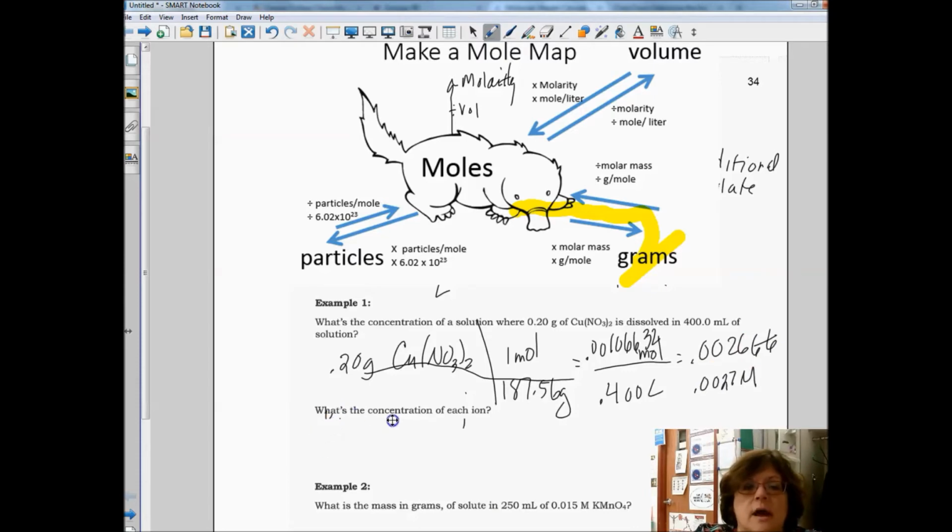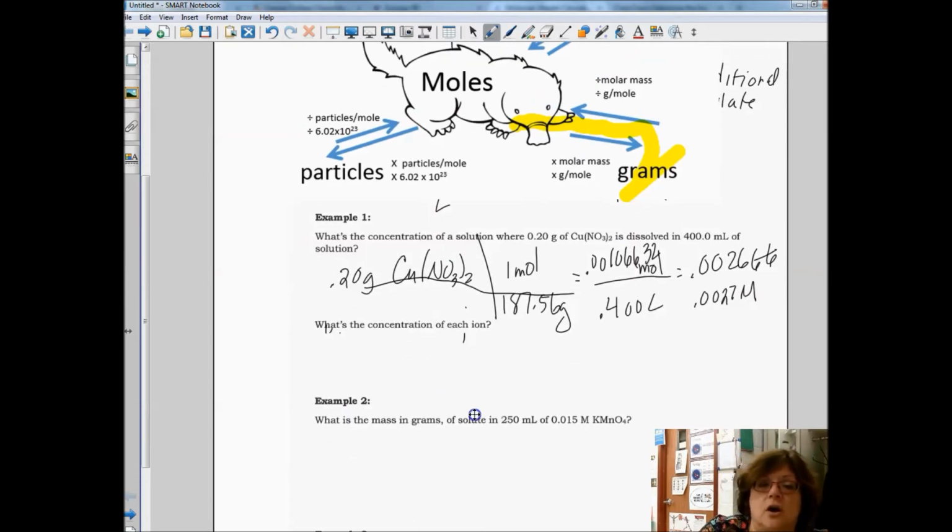Now the second part asks about the concentration of each ion. To do that, we're going to take our molarity and look at how many coppers are in one copper 2 nitrate formula unit. And the answer is 1. This is moles per liter, remember.